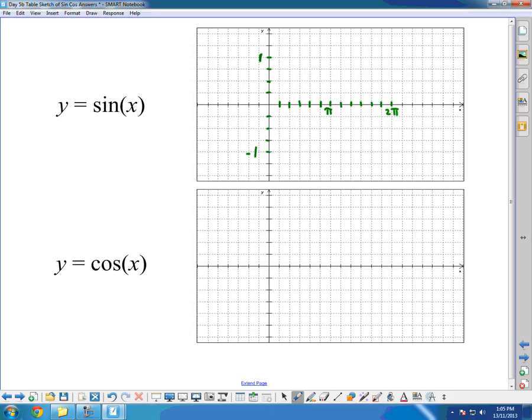And for the sine curve, I know it starts here, ends here. Halfway it's at 0. Halfway between these two is pi over 2. I don't necessarily need to label it, but it goes all the way up to its maximum. Halfway between these two is down to its minimum. And sketch. Boom. There's the sine curve.